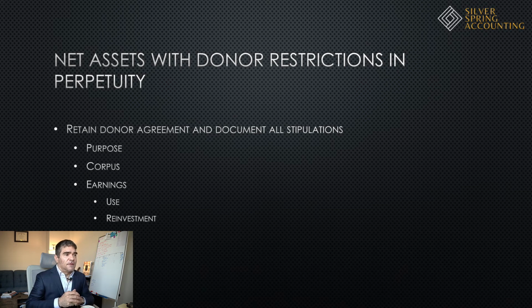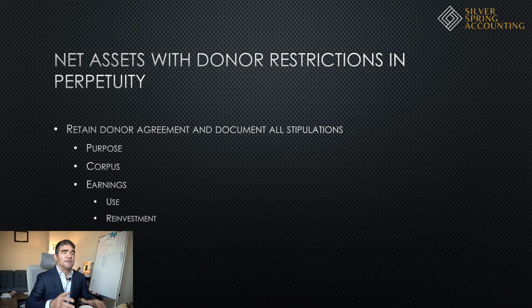Most perpetually restricted donations are made to support something such as scholarships or some specific program. But sometimes you do see them for general operations, because somebody really wanted to support the organization, didn't want it to be just for one specific program, so they say to support the organization.